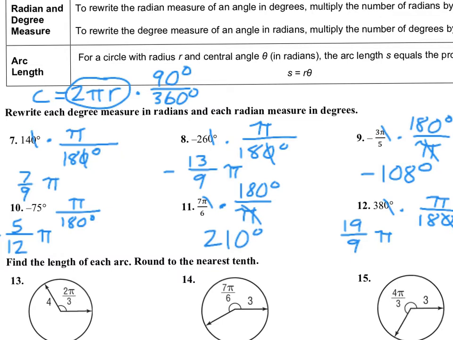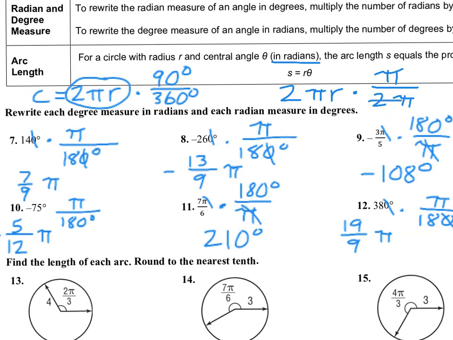But what if you know the central angle in radians? So thinking about it logically, the whole circle is 2 pi r. And let's say we have half a circle. So half a circle is pi. The whole circle is 2 pi.